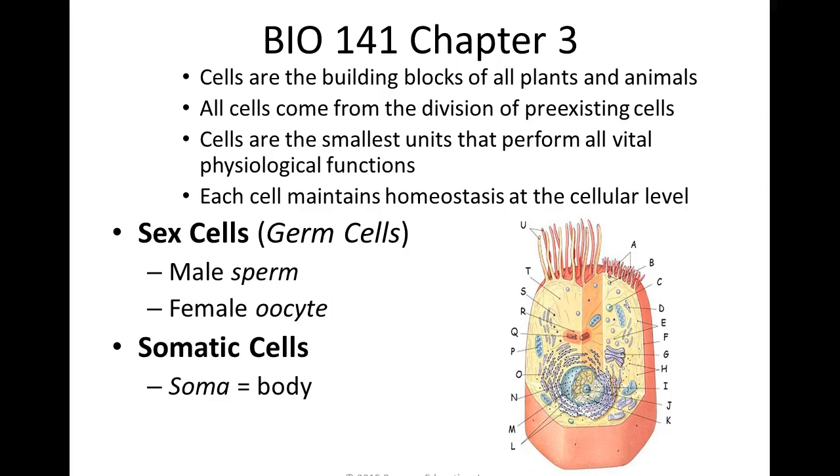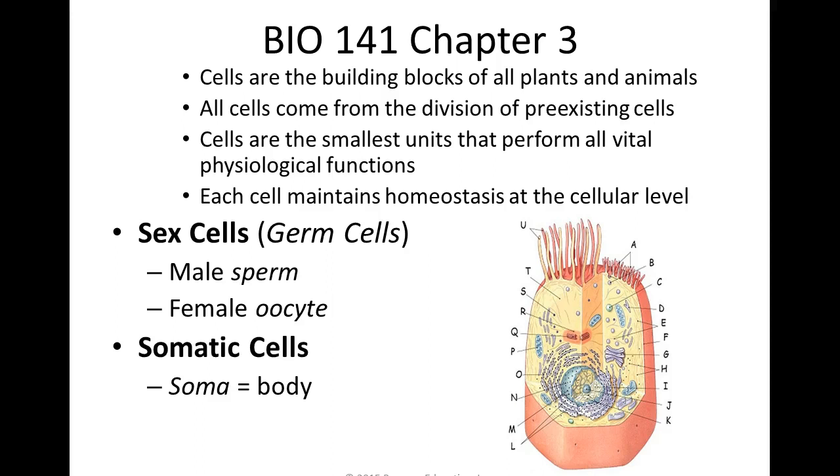The idea of where cells come from: they all come from pre-existing cells, whether that be soma cells or even sex cells, all come from pre-existing cells before themselves. And they are this smallest functional unit. The reason we name them that way is that if you take a cell out of the body, it can still stay alive and perform its function.